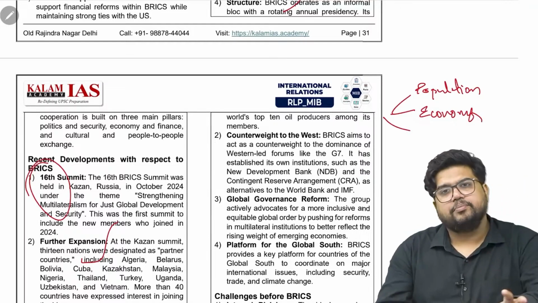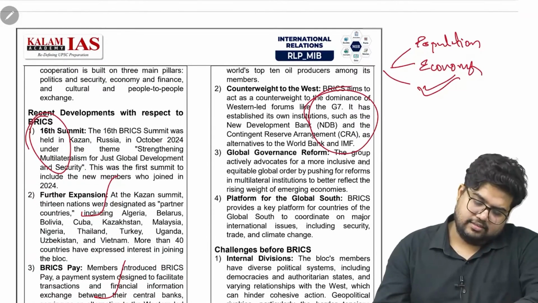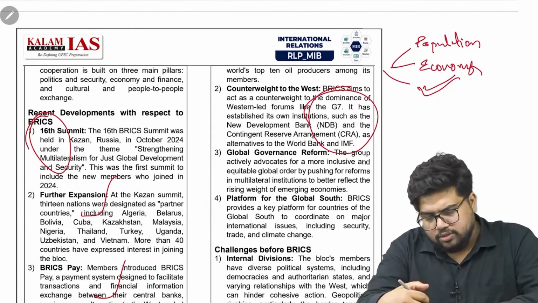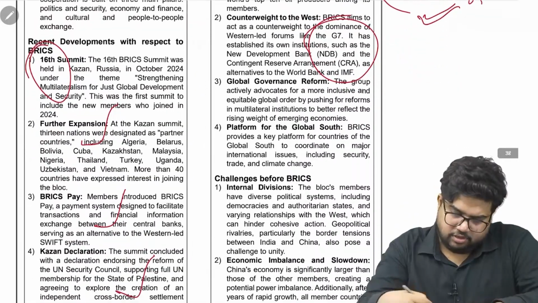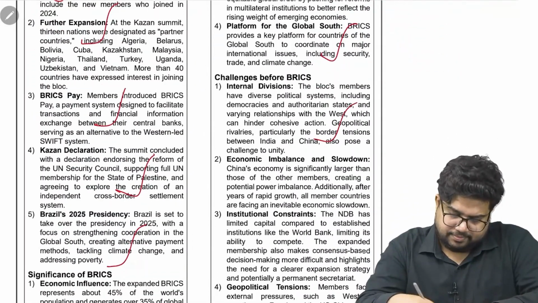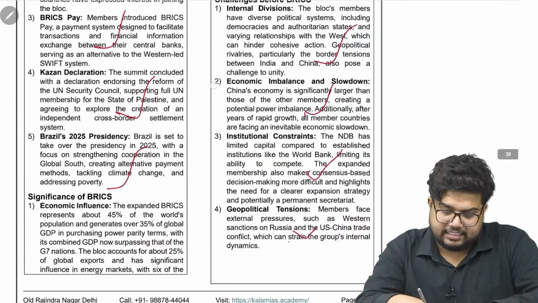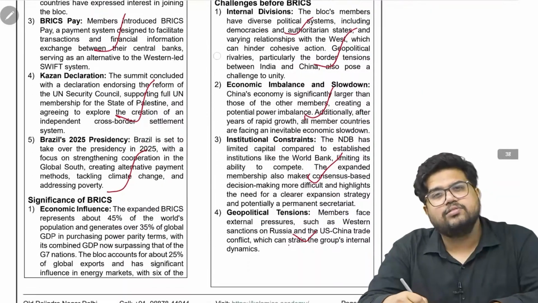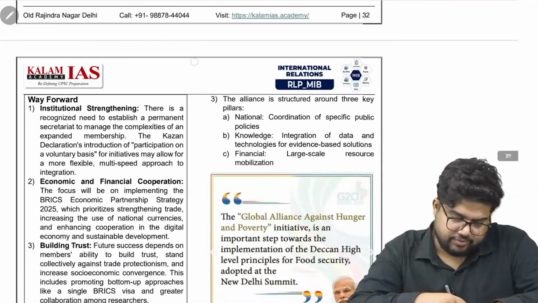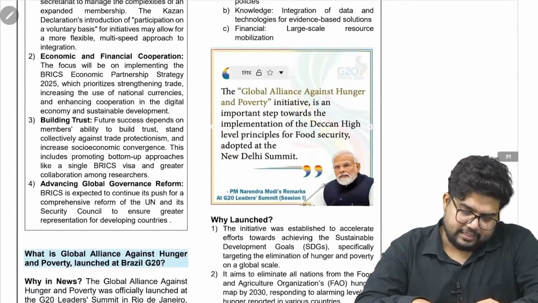These numbers, if you can prepare, then you can clearly answer the developments related to the significance of the particular organization. Challenges associated with BRICS: India-China conflict, institutional constraints, geopolitical tensions, Russia sanctions, all these are impacting the working of BRICS. Again, way forward, what are the steps to be taken?